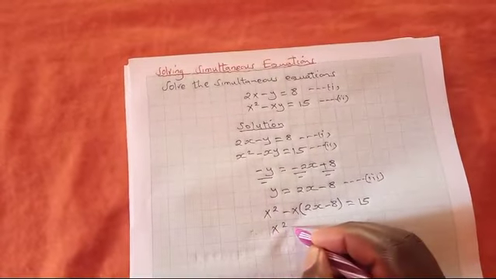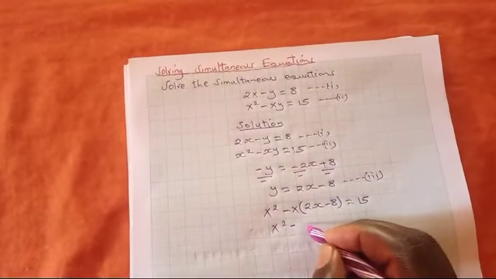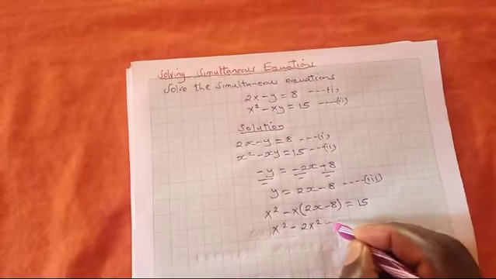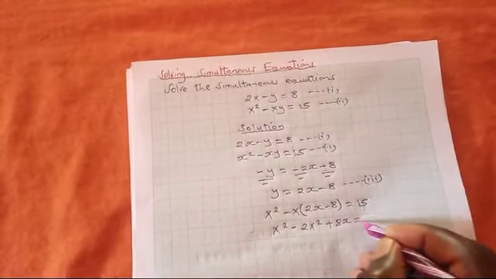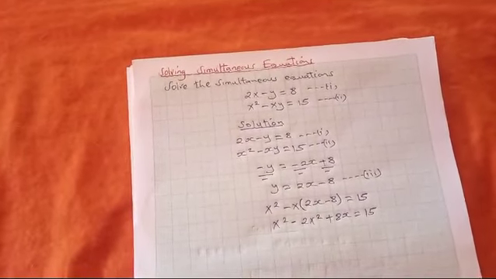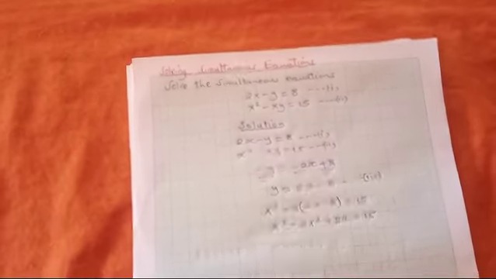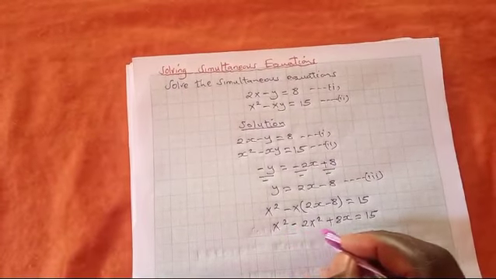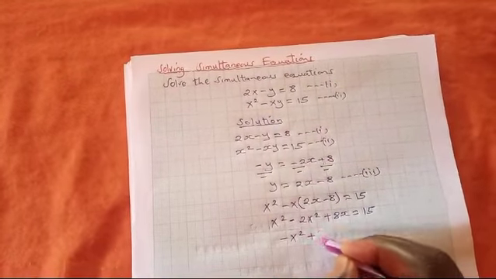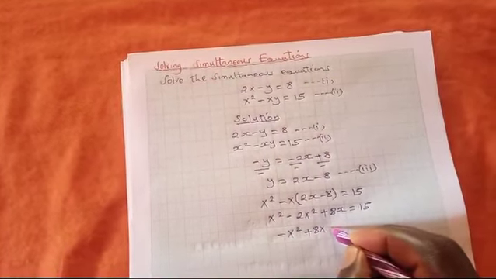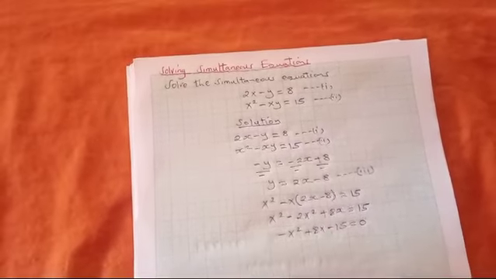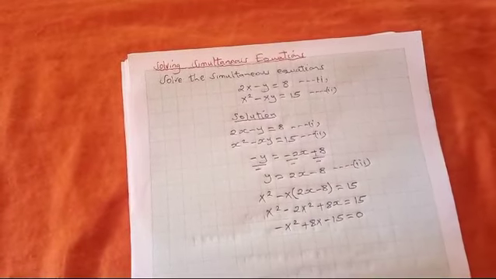Now x squared minus, this is 2x squared plus 8x is equals to 15. We can make this a quadratic equation by saying x squared minus 2x squared, this is negative x squared, then plus 8x, then minus 15 is equals to 0.